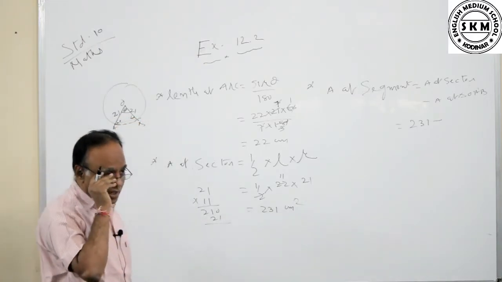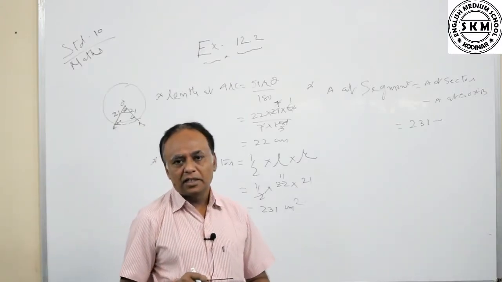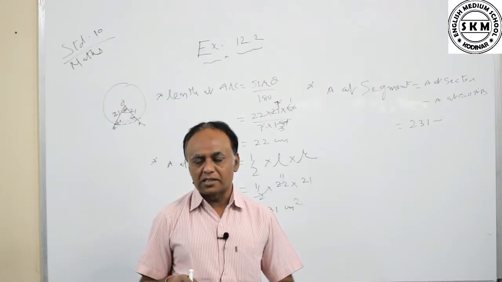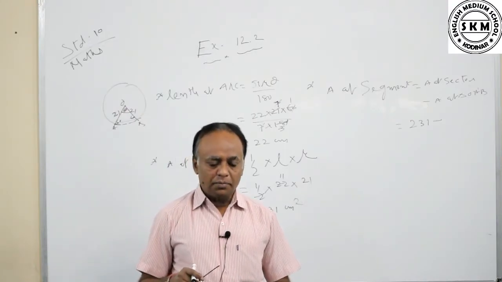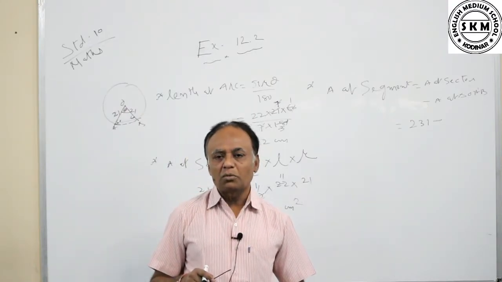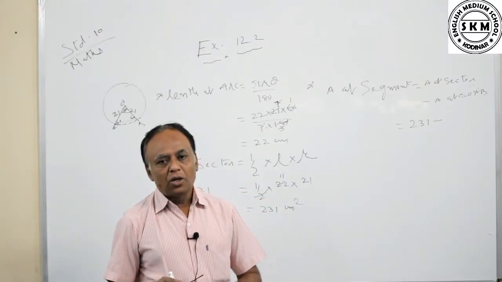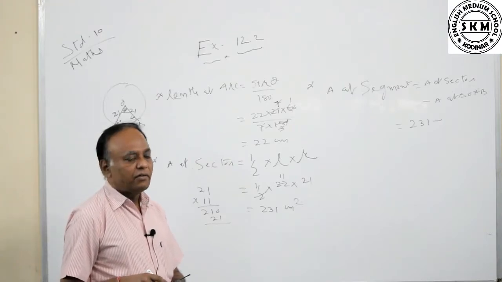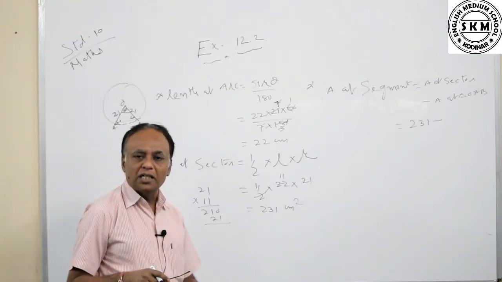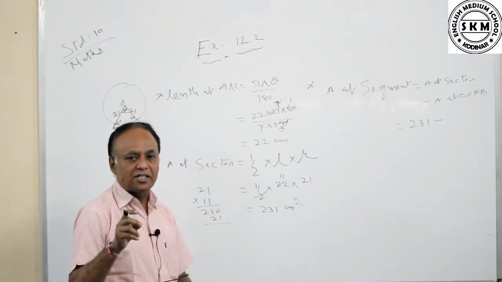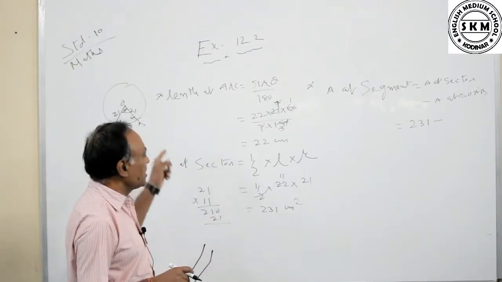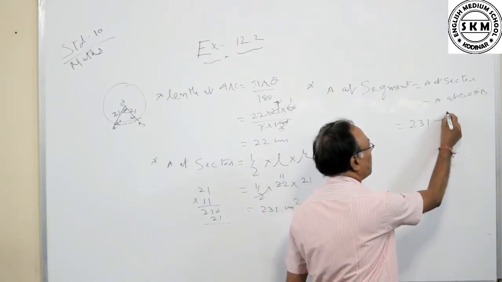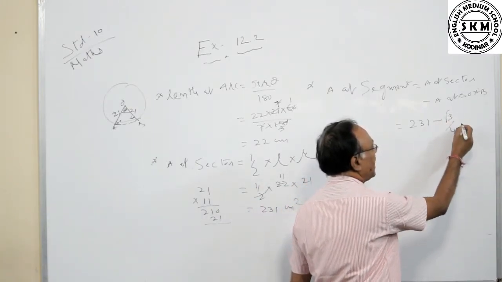So it is an equiangular triangle, and equiangular means equilateral. Already I have discussed the formula for area: for an equilateral triangle, root 3 upon 4 side square.